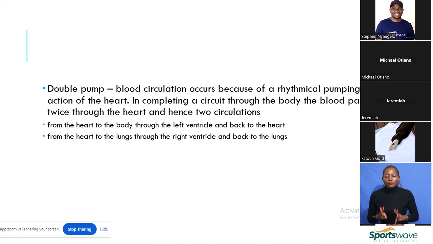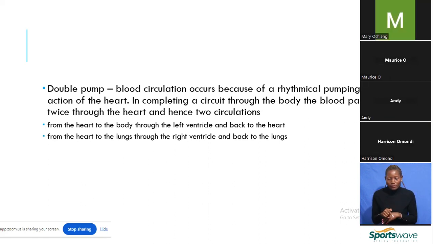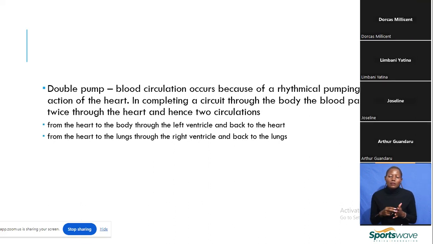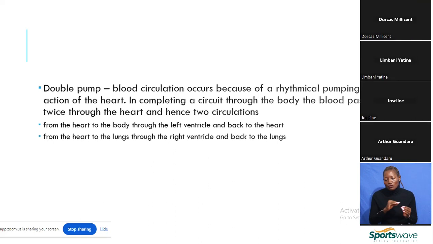Blood needs to be pumped from the heart to the body, that is from the left ventricle, and then from the heart to the lungs through the right ventricle and back. So you have 2 circulations that are taking place.